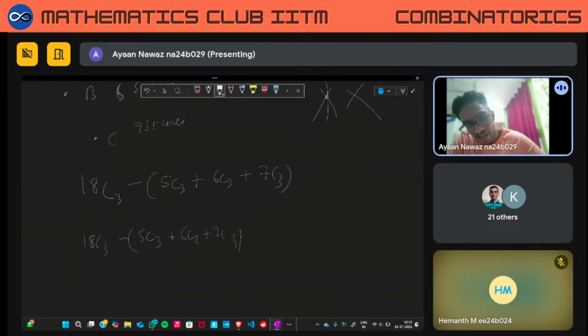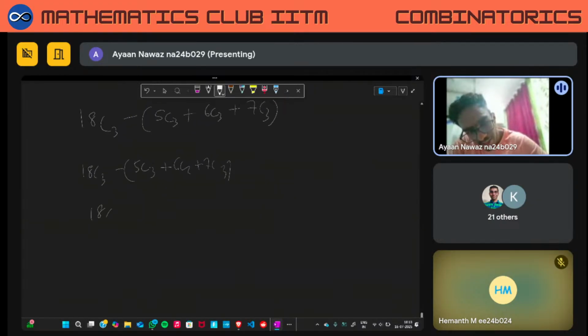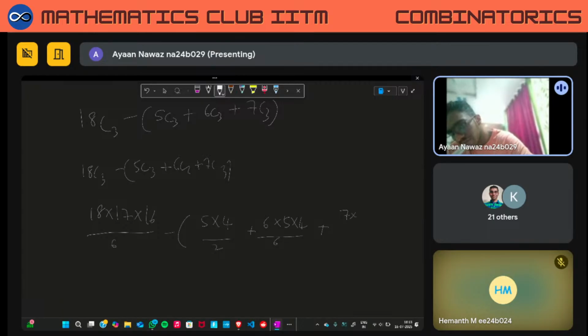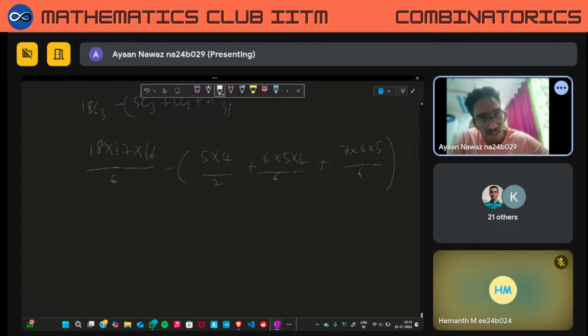Basically, 18 into 17 into 16 divided by 6 minus (5 into 4 divided by 2 plus 6 into 5 into 4 divided by 6 plus 7 into 6 into 5 divided by 6), right? So this is 3. 17 3s are 51. 51 into 16.